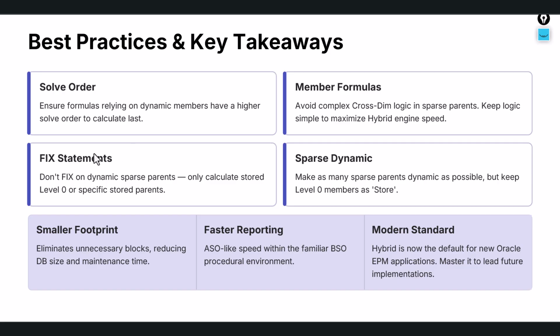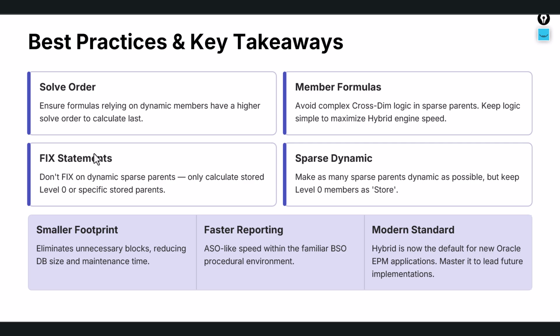Next comes the FIX statement. We need to avoid fixing on a dynamic sparse parent in a calculation script or rules, because fixing on a dynamic parent can drag unnecessary intersections into the calc. Since the block will not be present for the dynamic parent, it pulls unnecessary intersections into the calc.